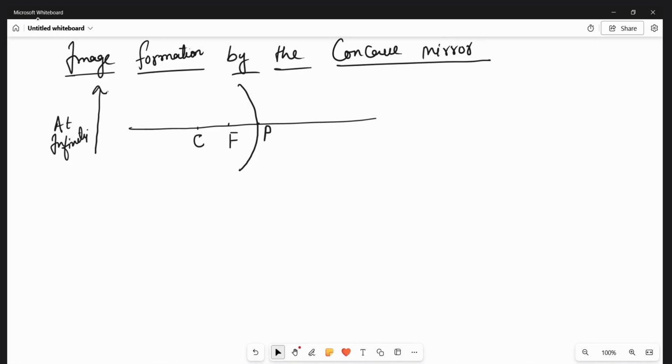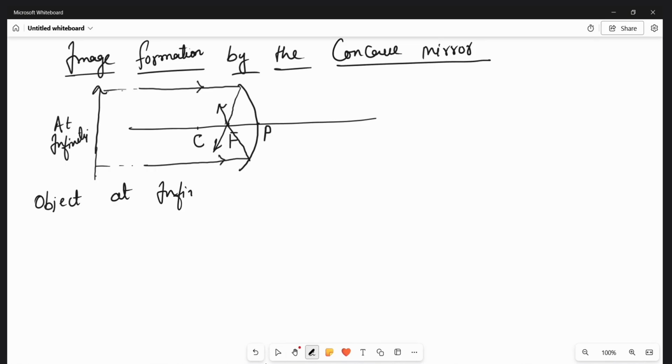Object is at infinity. Image is formed at the focus.